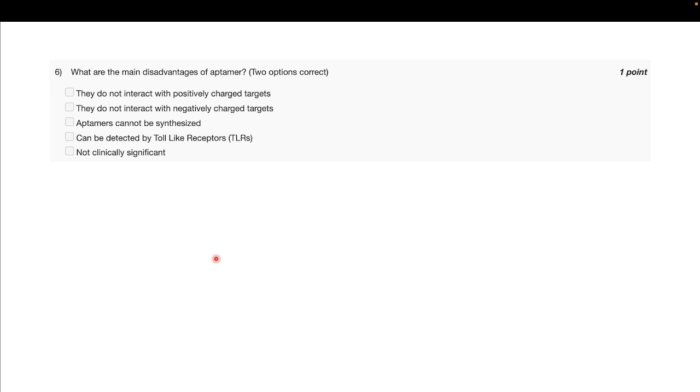Next is what are the main disadvantages of aptamer? And again, two options. They do not interact with positively charged targets. Okay, that is one response. You want to choose another answer as well? Can be detected by toll-like receptors. Okay, you have chosen 1 and 1, 2, 3, 4. Anybody else wants to give it a try?